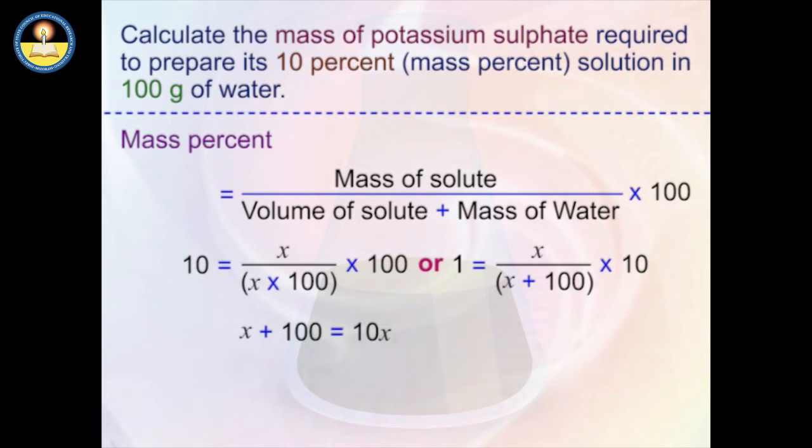X plus 100 equals 10 times x, or 9 times x equals 100, or x is equal to 100 divided by 9, which amounts to 9.1 grams.